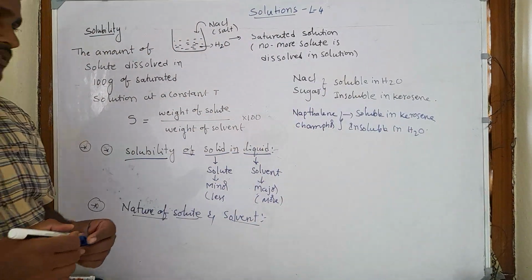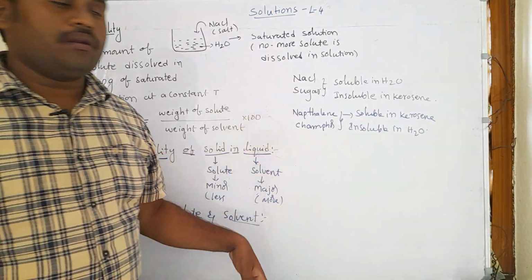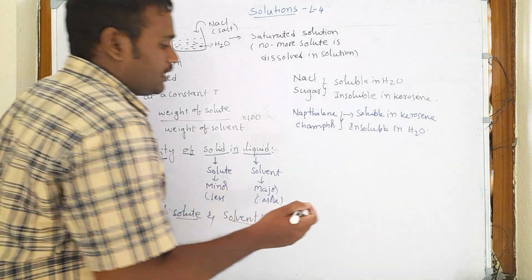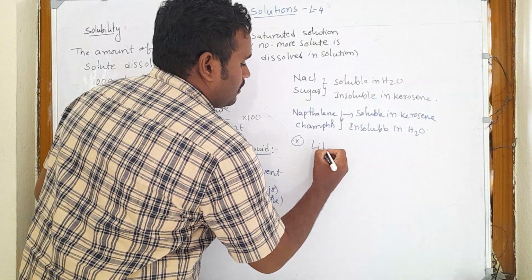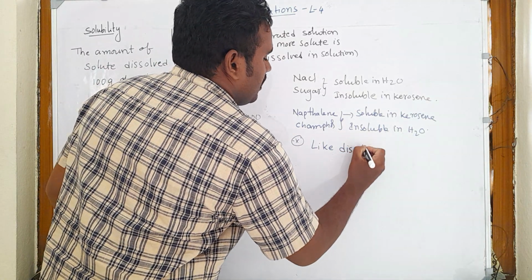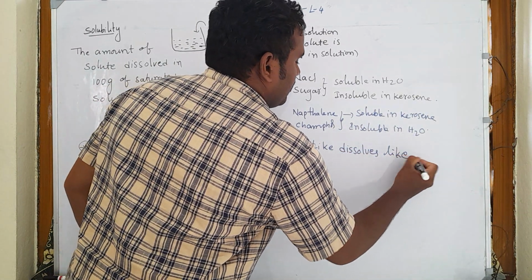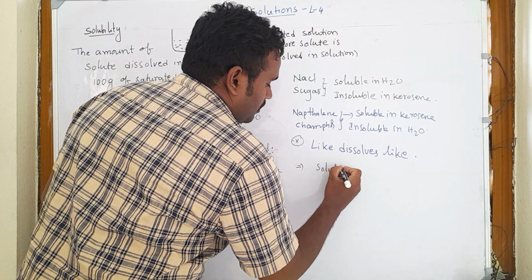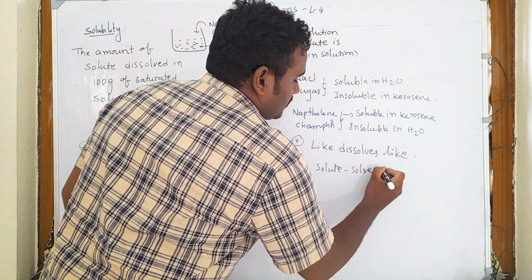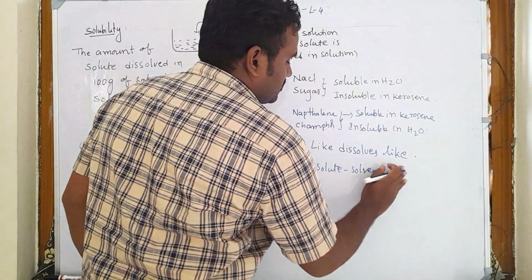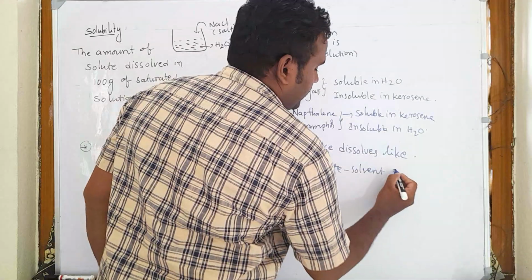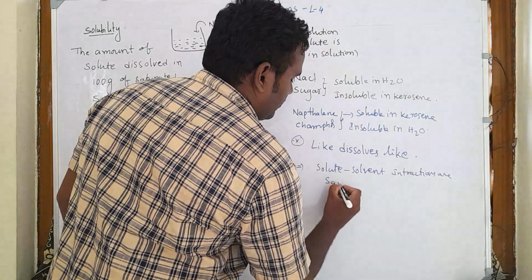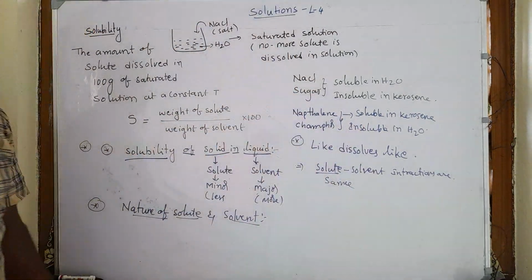So all solids are not going to dissolve in all liquids, and there is one general statement, that is like dissolves like, which means if solute and solvent have the same interactions, the solute is going to dissolve in the solvent.